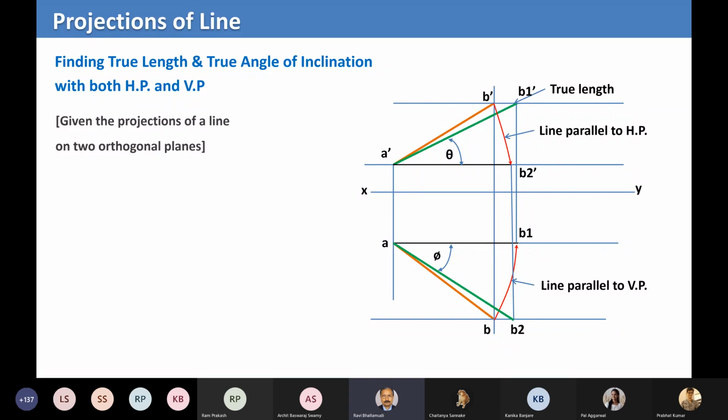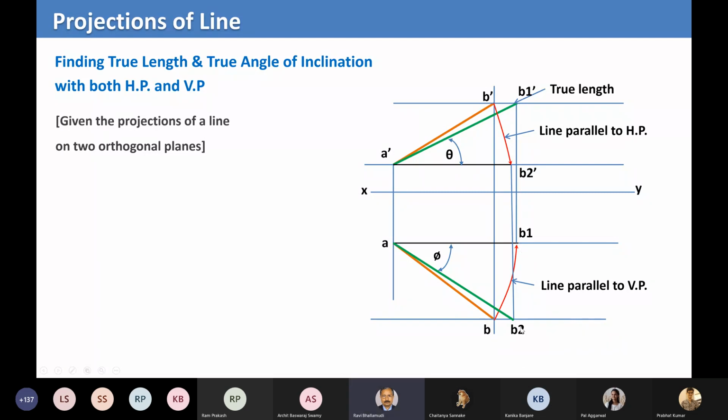So what do you do? Again, maybe I said that in the last minute, but you can start either from your front view, A dash B dash, come to your B2 dash, draw the projector, and come to B2, which is nothing but the intersection of your projector line and this projector line.